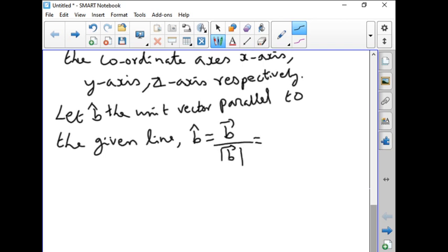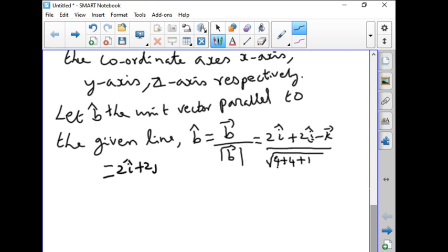Here b vector is 2i cap plus 2j cap minus k cap. So by modulus, we have square root of 2 square 4 plus 2 square 4 plus minus 1 square is 1. Therefore, it is equal to 2i cap plus 2j cap minus k cap by root 9. Root 9 is 3.